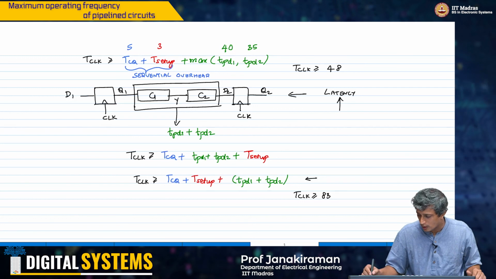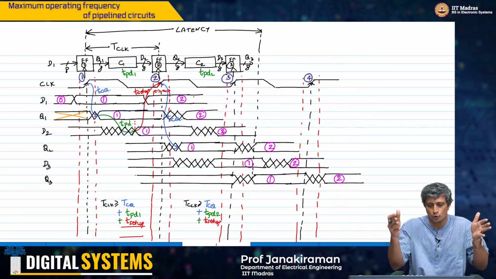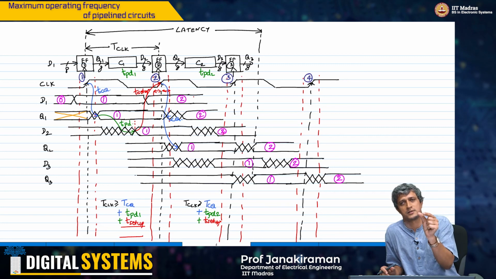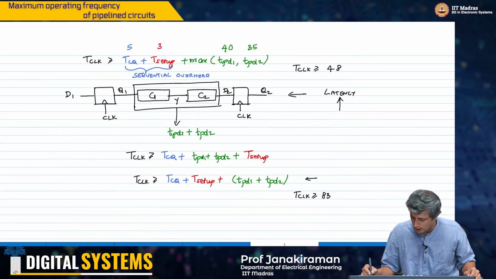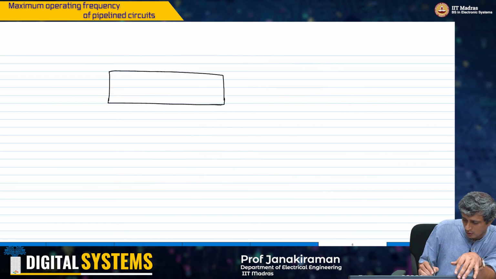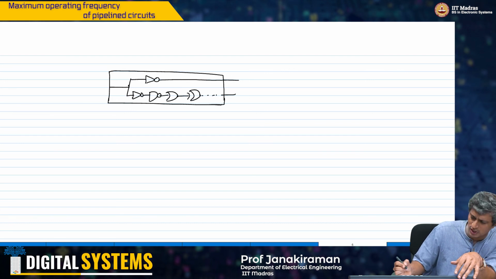As a concluding note, we only spoke about the propagation delay through these combinational blocks, right? But there could also be very short paths. For example, take your combinational block, let's say it looks like this. I have one output which is just going through an inverter like this, and another output which is going through a bunch of gates, some huge number of gates.